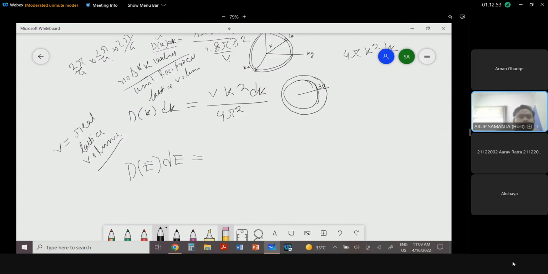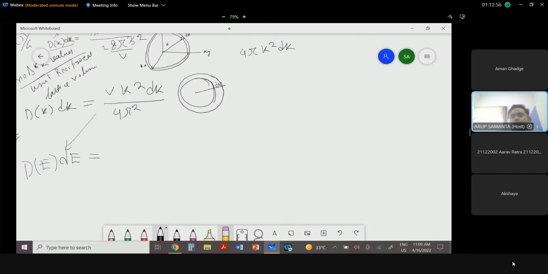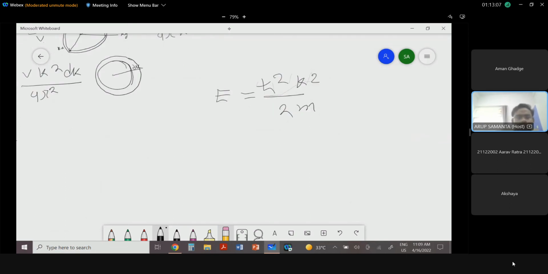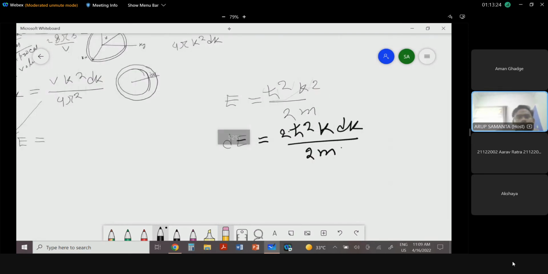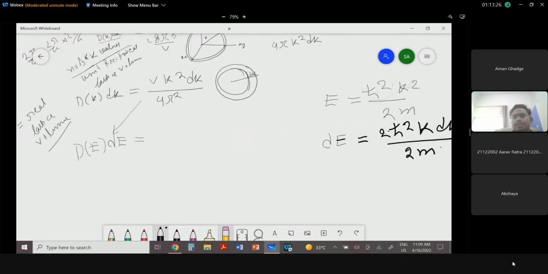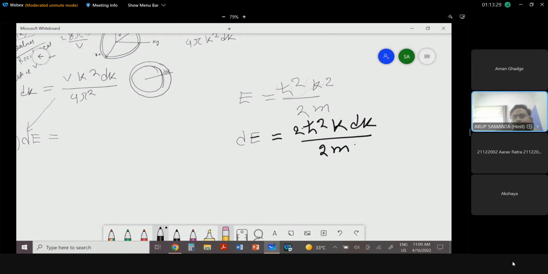So now I have to convert the relation in terms of energy, where we know that E equal to h cut square k square by 2m. So we can write dE equal to h cut square k dk by, I want to keep 2 by 2m. Now we replace all these values here. 2k dk you can cut here, but I need the relation.